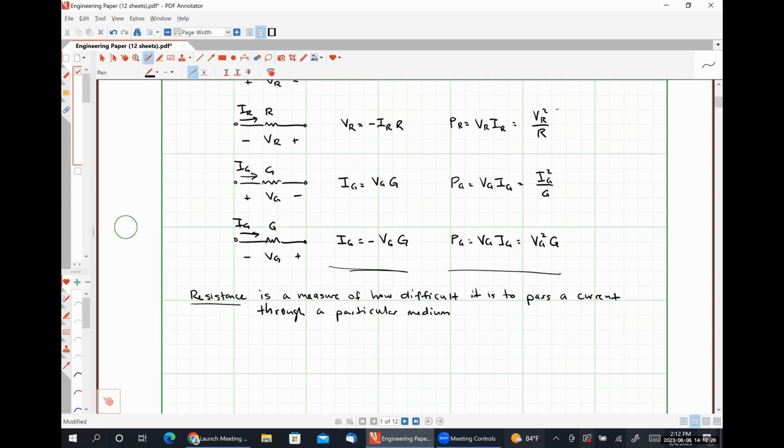So effectively, the larger the resistance value is, the harder it is to pass some fixed amount of current.